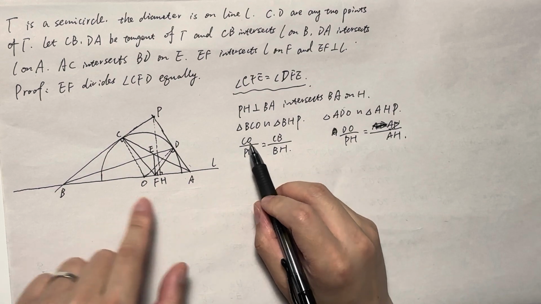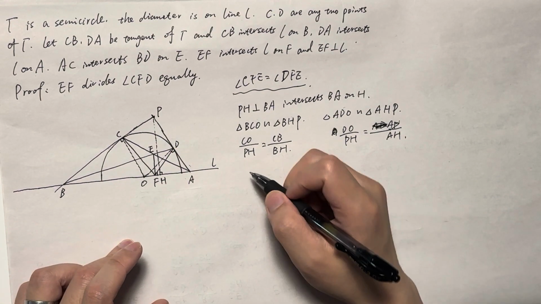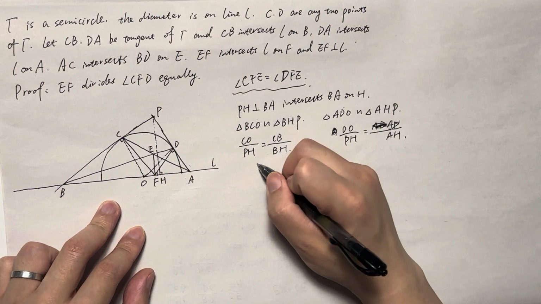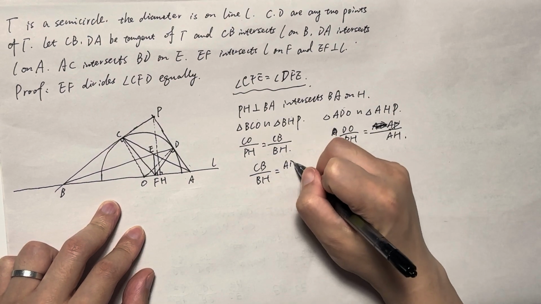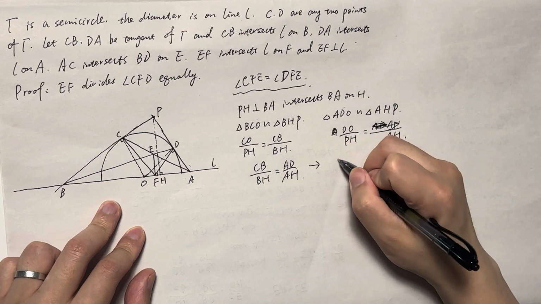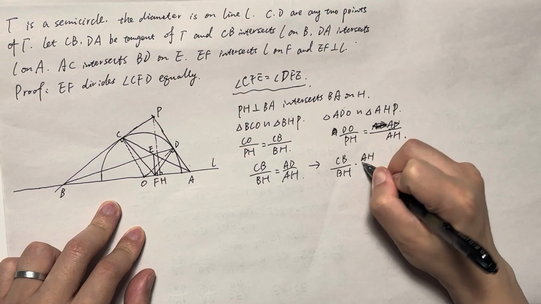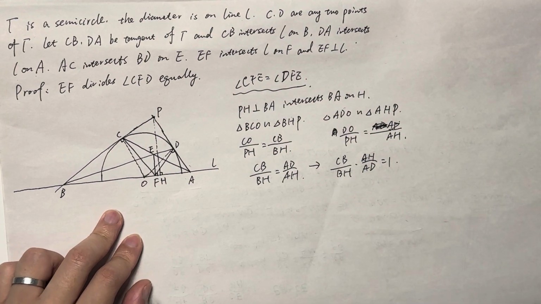And we know that CO equals OD, which equals the radius of the semicircle. That means CB divided by BH equals AD divided by AH, which means CB divided by BH times AH divided by AD equals 1. This reminds us of something, right?